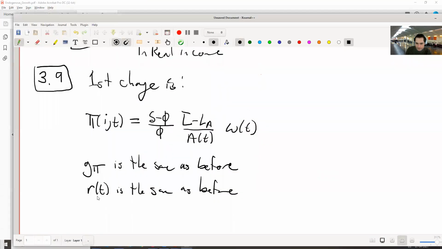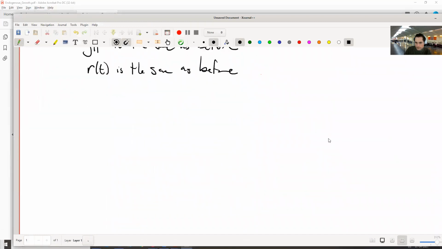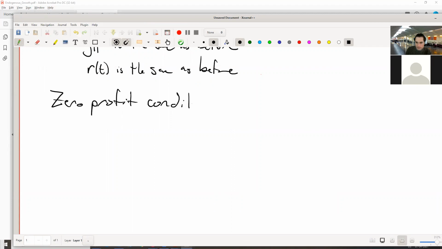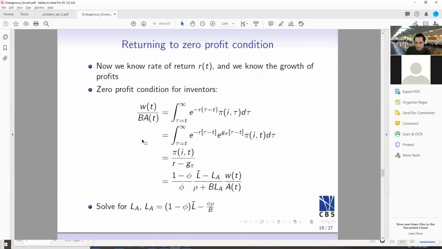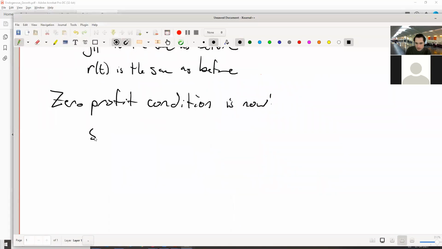So, scroll down here. The zero profit condition is now delta minus phi divided by phi.